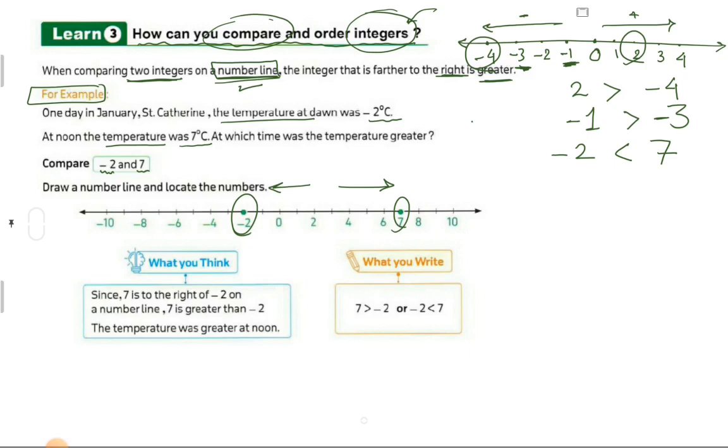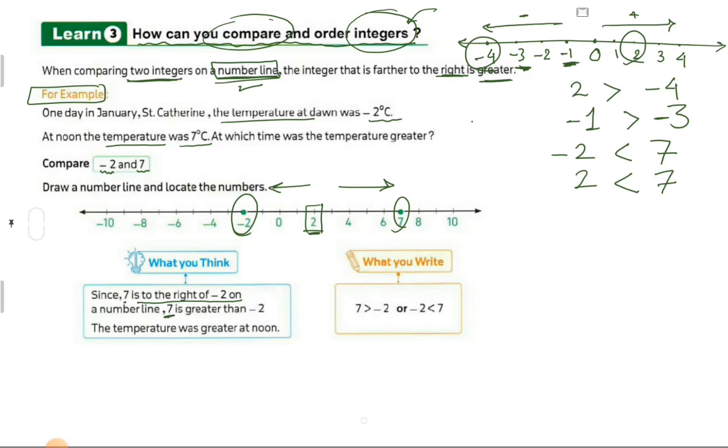You may say that 2 and 7, 7 is greater than 2. Why? Because if you compare 7 and 2, 7 is on the right side of 2. So 7 is greater than 2. 7 is also greater than negative 2. Let's see together: 7 is to the right of negative 2 on the number line.